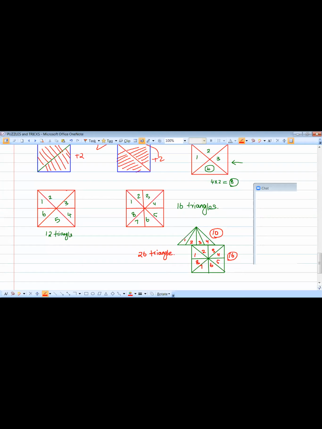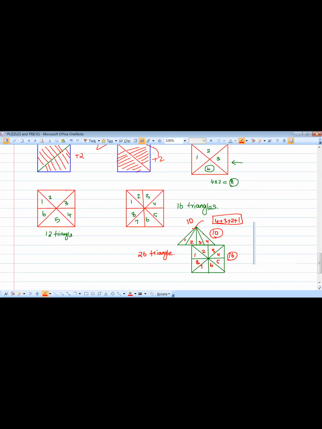Yes, ask me, Shrutika, what is your doubt? Sir, how it came, I didn't understand. Actually, last week we studied about this model. So this is a triangle. We have to put numbers 1, 2, 3, 4. 4 plus 3 plus 2 plus 1. This number is 10. Then the number of triangles for this small figure is 10.